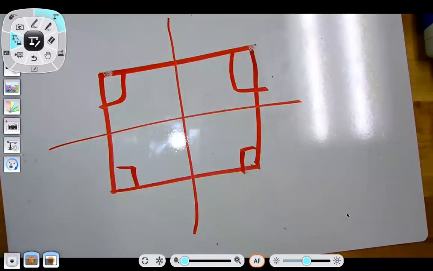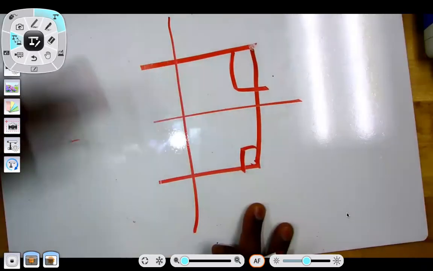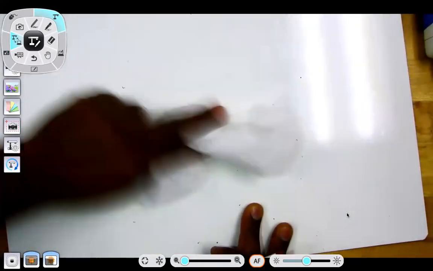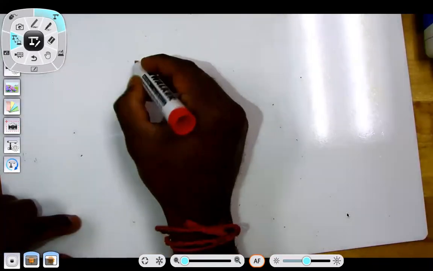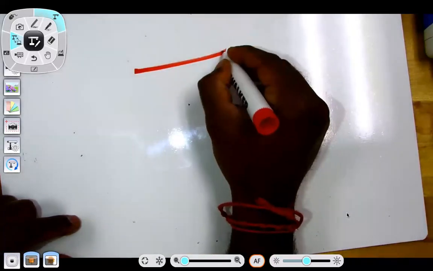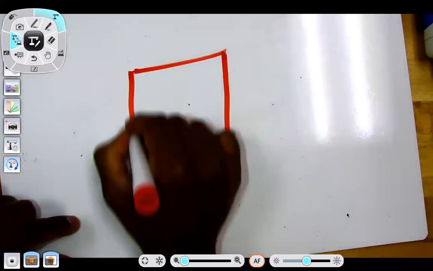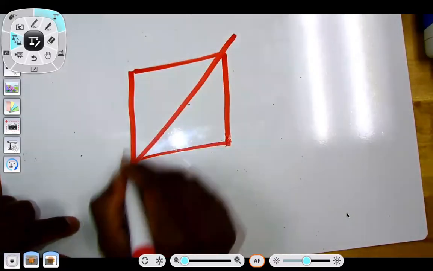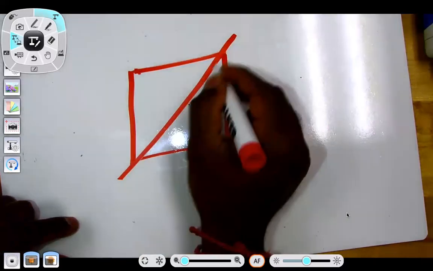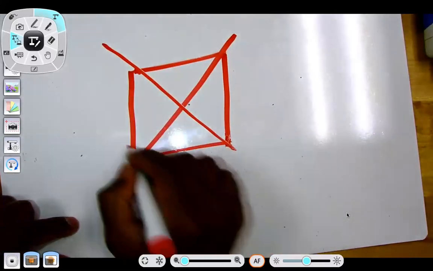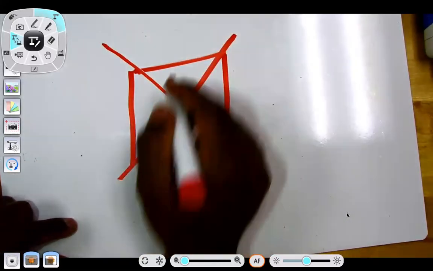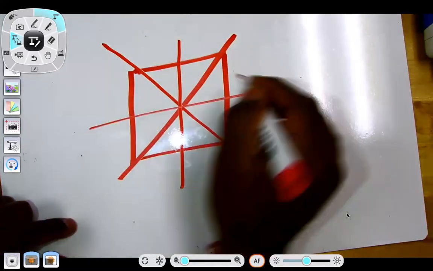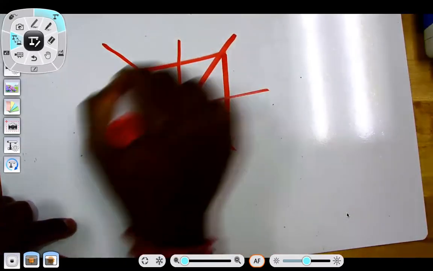But if it's a square, then it will work to count the vertices. If you cut it, this one is going to go over here. Same thing over here if you cut it, and there's another one. So you can count 1, 2, 3, 4. So 4 lines of symmetry.